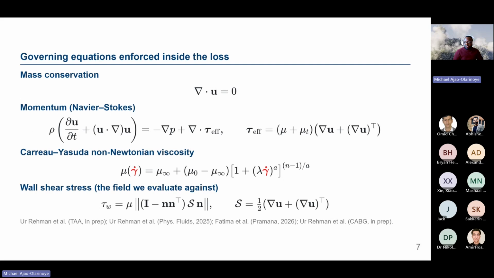Now, the governing equations that combine most of these studies in the work we did are mostly the mass conservation equation, the Navier-Stokes momentum and continuity equations, your Carreau-Yasuda non-Newtonian viscosity, and also, of course, the wall shear stress. So I'll show you the four different case studies, like I said. Two of them are currently published, and two are in the pipeline to be published.